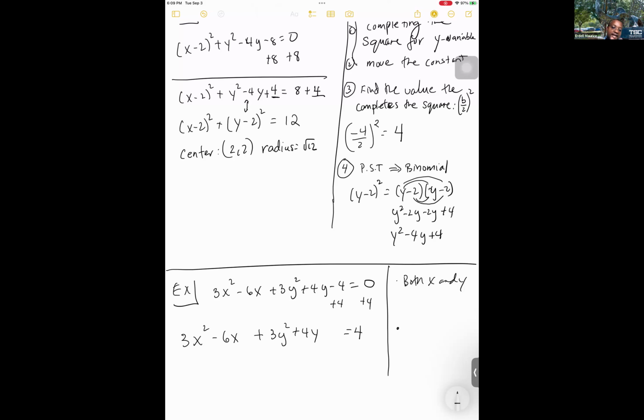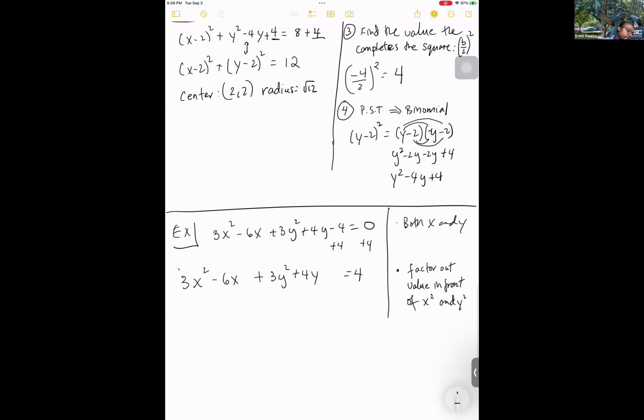And so I have to factor out the value in front of x squared and y squared. We have to do them separately because we have our x variables and we have our y variables. And so this is up here and this is up here.